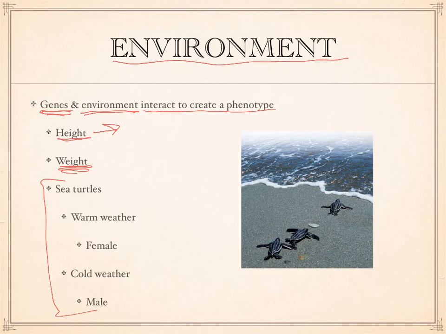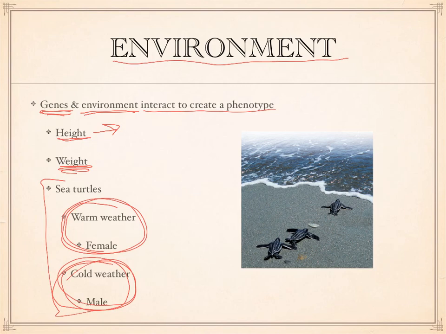Sea turtle moms would come up on shore. They would bury their eggs in the sand. They would let them develop. The eggs that were put into a warmer environment would develop into females, and the males that were under the sand in a cooler environment would develop into males.